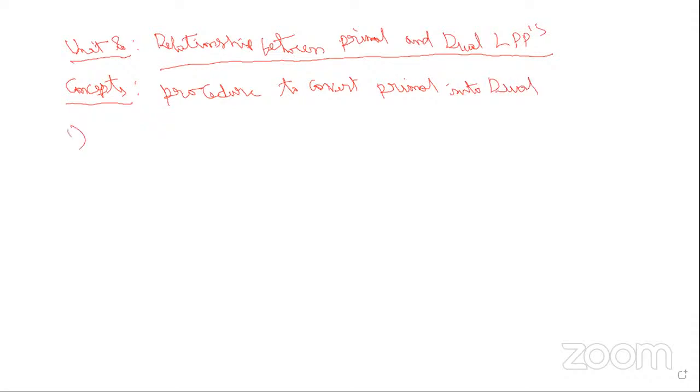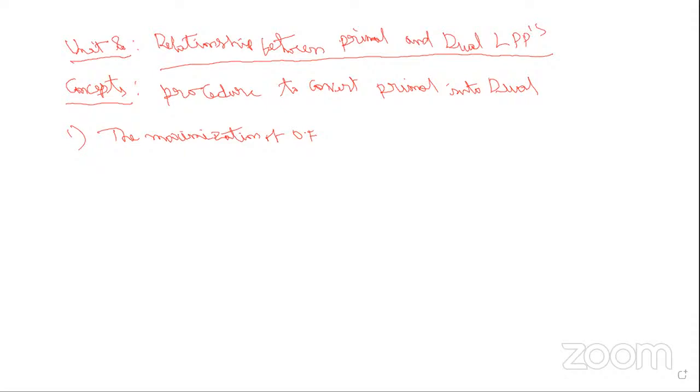First one, the maximization of objective function. OF means objective function.